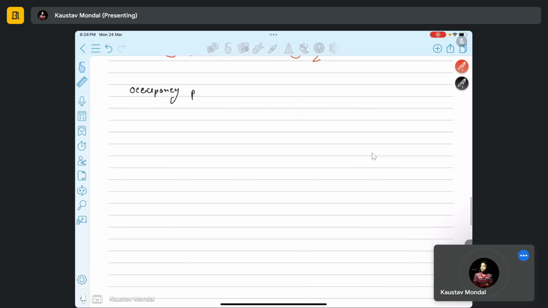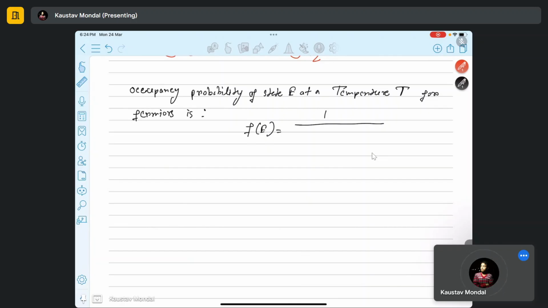See, the probability of state E at a temperature T for fermions is F(E) equal to 1 by e to the power (E minus E_F) by kBT plus 1.